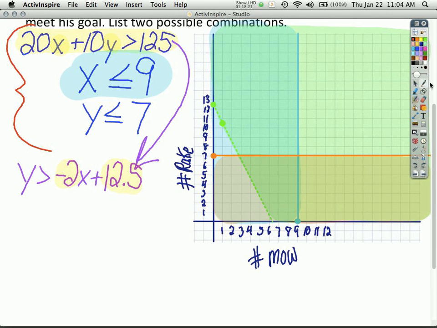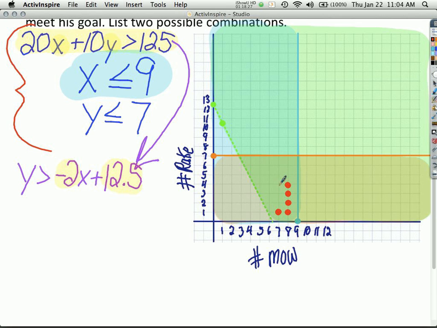And so every whole number ordered pair in this region constitutes a solution to this system. Everything in here.